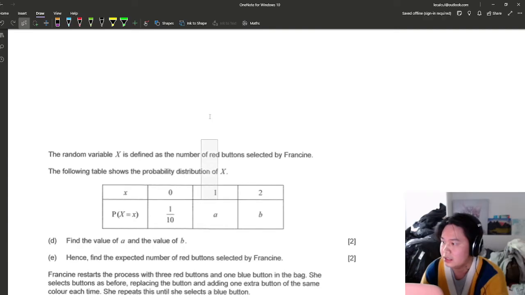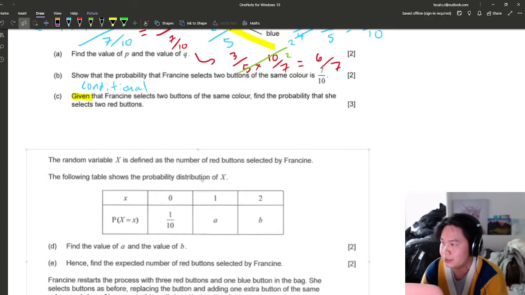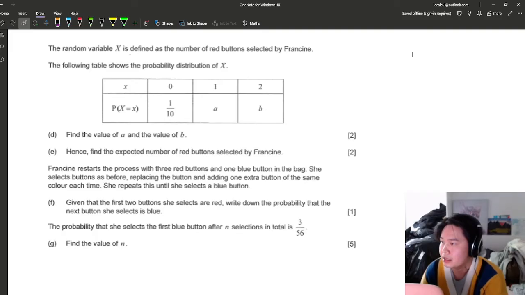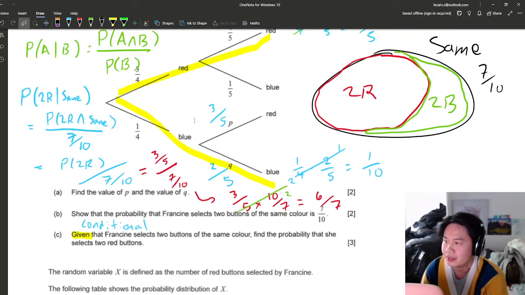Okay. Now we have a random variable X, defined as the number of red buttons selected by Francine. Show the probability distribution of X. The probability of her selecting no red buttons is 1/10. They get that from saying she selected 2 blues, so 1/4 times 3/5.